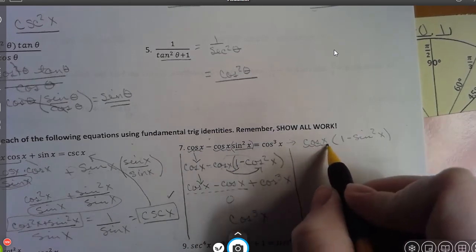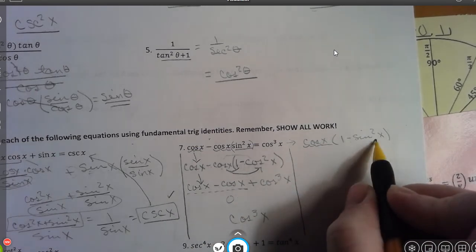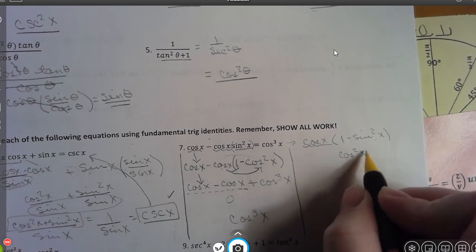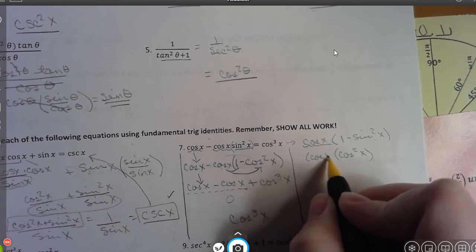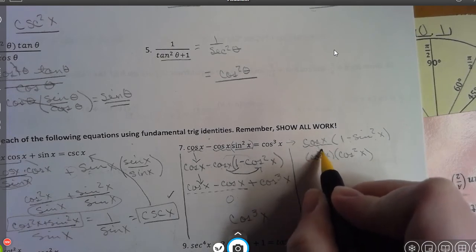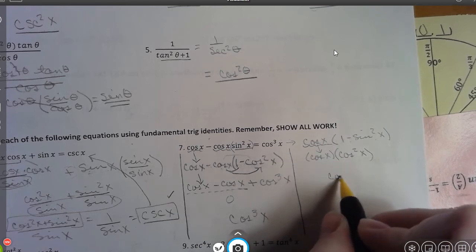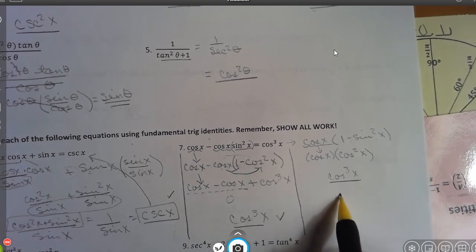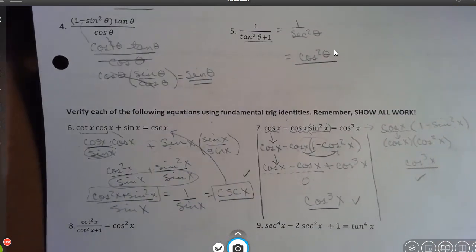Now, 1 minus sine squared x is cosine squared x, excuse me. Then multiplied by cosine x, which was our original piece that we factored out. That becomes cosine cubed x. Same answer, both correct. I will take either way on this. Doesn't matter to me. It's actually the exact same amount of work.